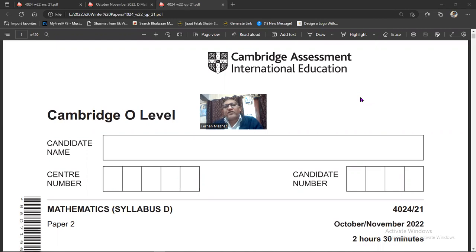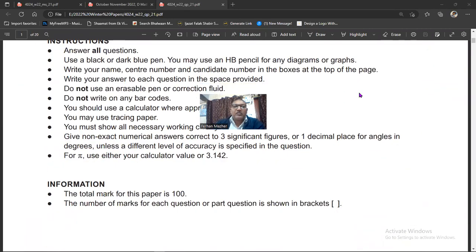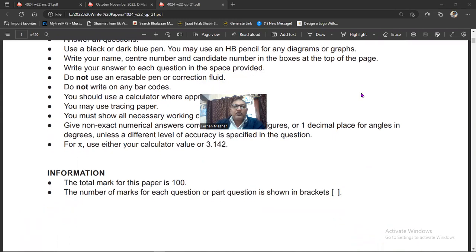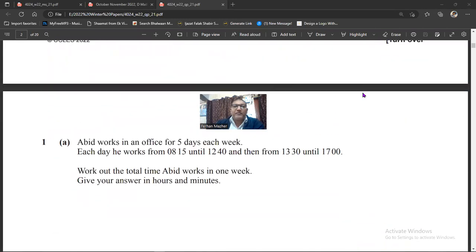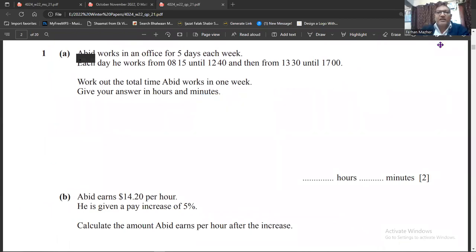On your screen, the Mathematics Syllabus D, Cambridge O Levels, October-November 2022, 2-1 paper is showing up. The time allowed for this paper is 2 hours and 30 minutes. You can use a calculator in this paper. So here we go. Question number 1 coming up on your screen.